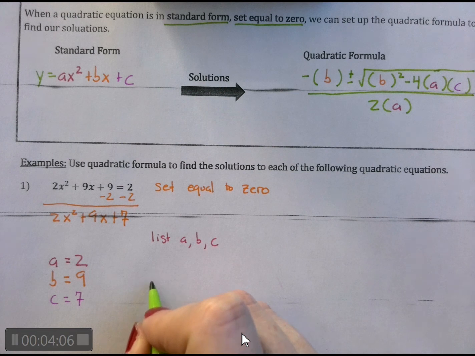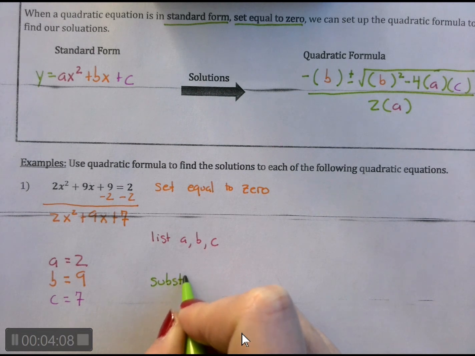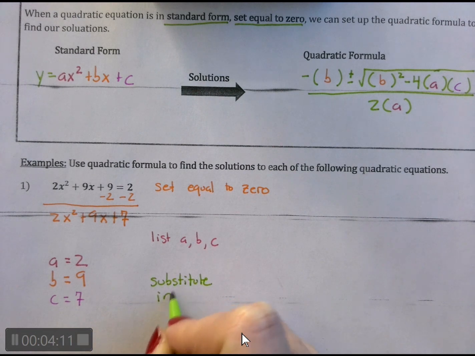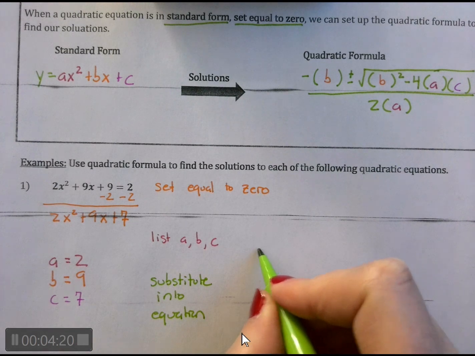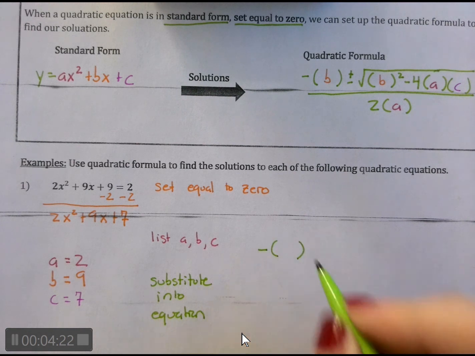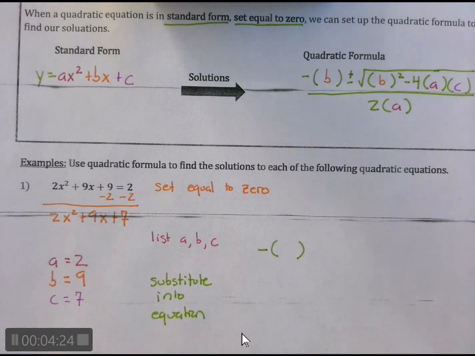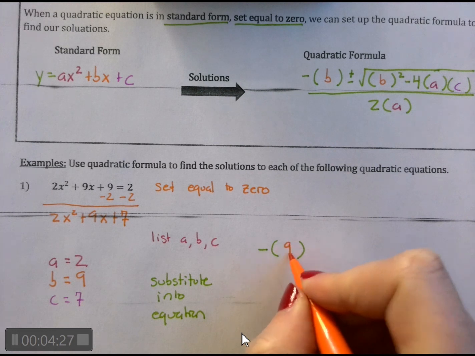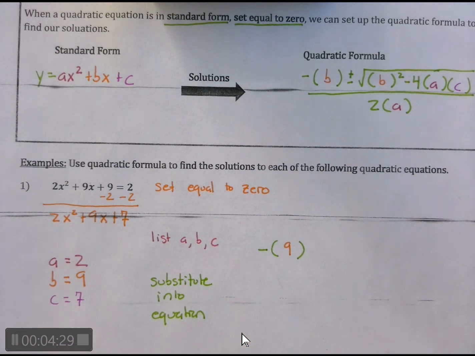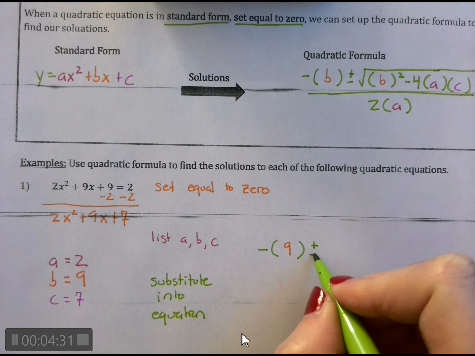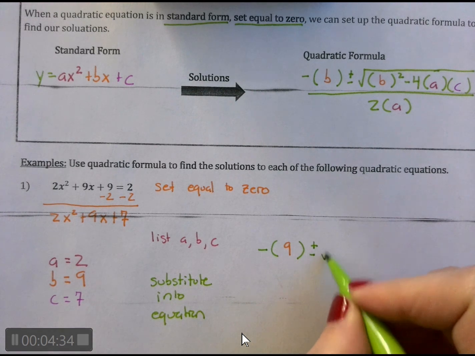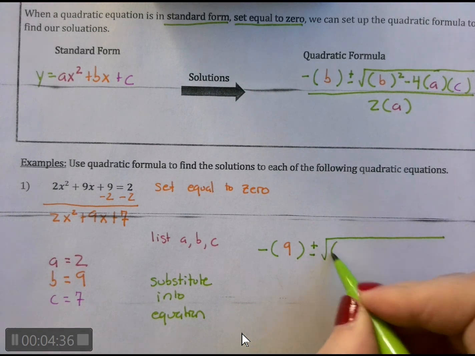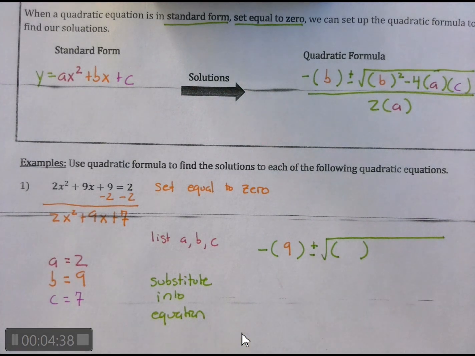So now substitute into the equation. And I'm going to do this on this side of the page, because it's going to take up some space. So we're going to have negative parentheses, our b value is 9. And then we are going to plus or minus, and I'll explain that in a minute, the square root, because right now I just want us to be able to substitute everything in.